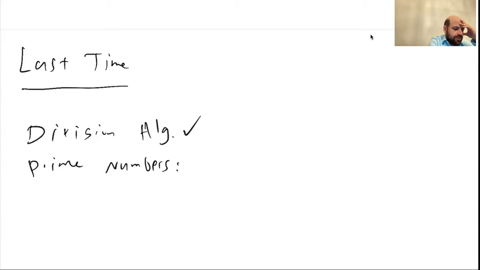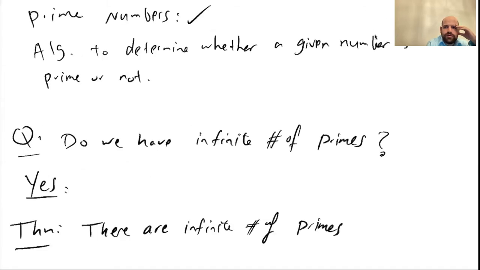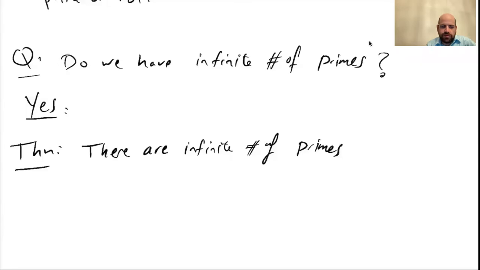So, theorem: there are an infinite number of primes. Okay, so let's see how we can prove this theorem. So, proof by contradiction.